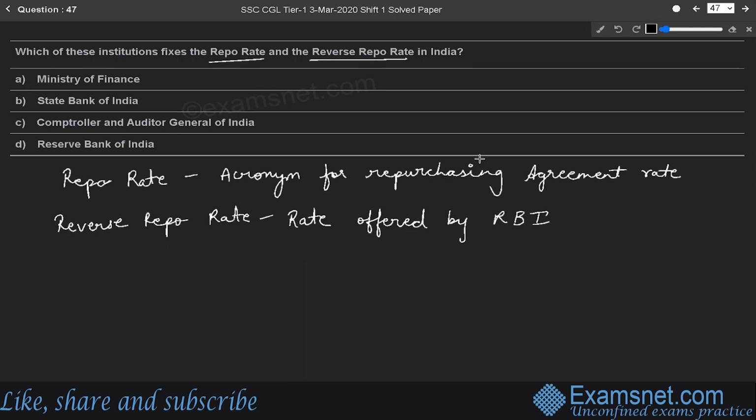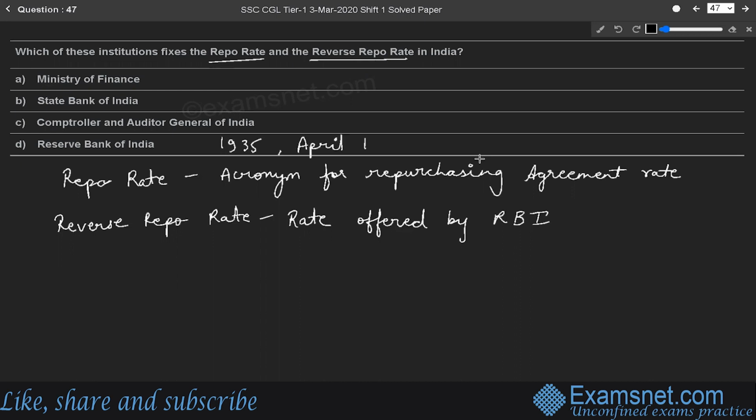So now coming to the question, here we have to find which of these institutions fixes repo rate and reverse repo rate. So the correct answer for this question is Reserve Bank of India, because RBI is responsible for fixing repo rate and reverse repo rate. RBI was established in the year 1935 on April 1.